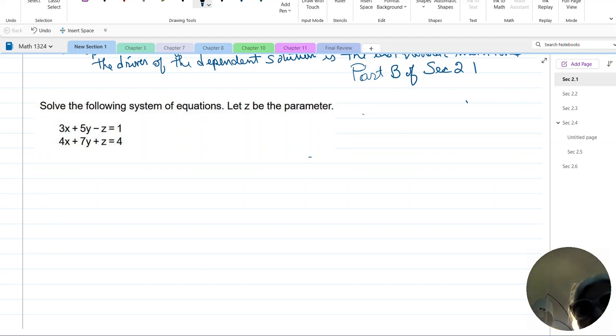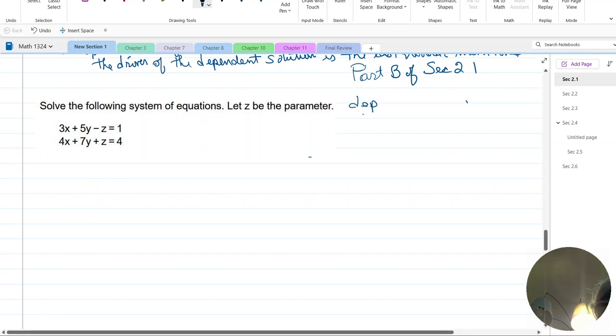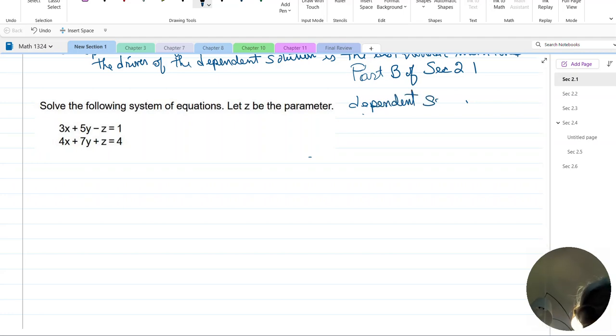Let's begin part B of section 2.1 where I left off. We were talking about dependent solutions. And this meant that we have all kinds of possibilities that are driven by the last variable given. We can see that in this first example, we definitely have a dependent system.